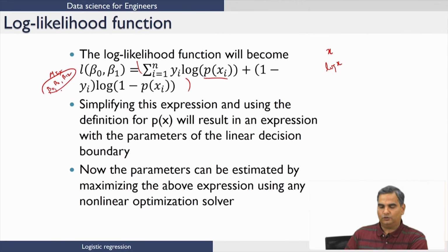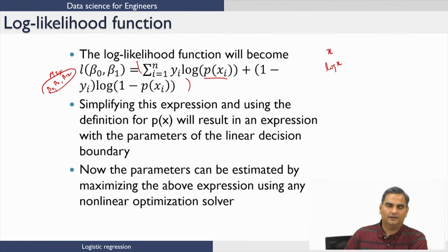Also, the way the probability is defined, this would become a nonlinear function. So, basically we have a nonlinear optimization problem in several decision variables, and you could use any nonlinear optimization technique to solve this problem. And when you solve this problem, what you get is basically the hyperplane.